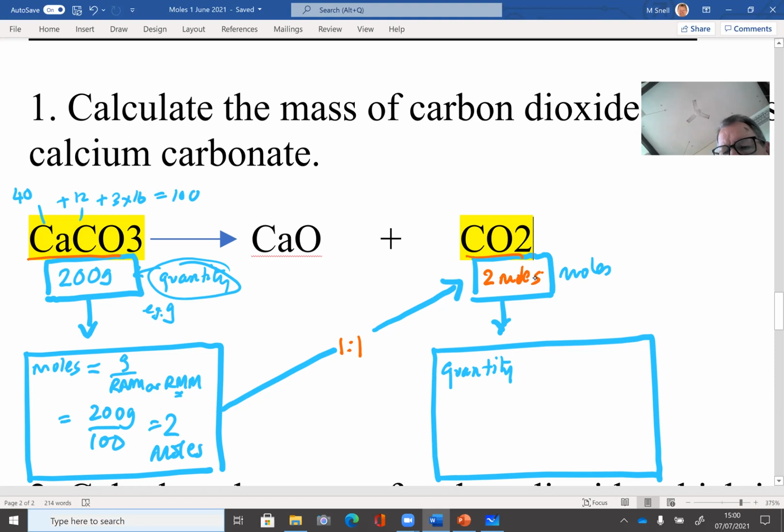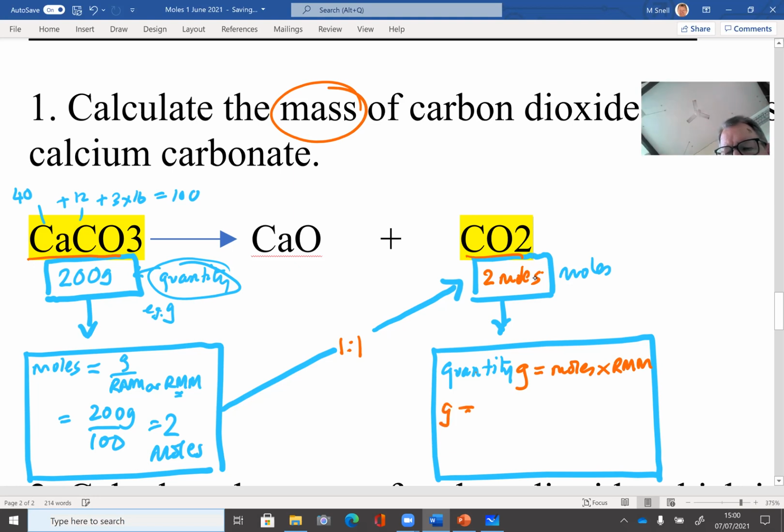Now the quantity, the thing that they ask you, is what mass. So the quantity I want is grams. And grams equals moles times RMM. It's an RMM again because carbon dioxide is a molecule.